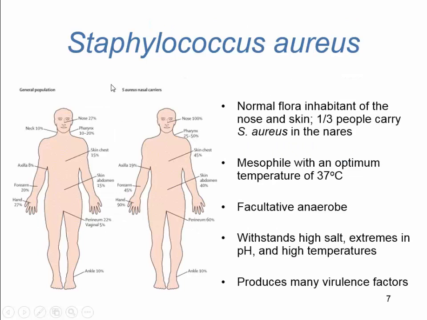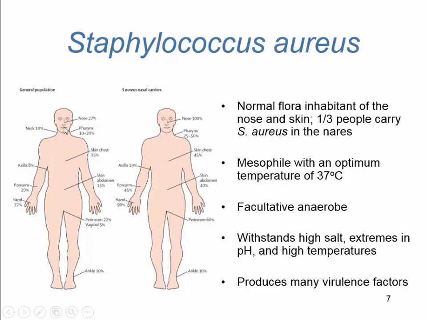Staphylococcus aureus, shown here, is a full colonizer of the body. You can see that in a normal person, about 27% have Staphylococcus aureus in the nares. 10 to 20% will have it colonizing the respiratory tract. You have it all across the skin, axilla, forearms, hands.